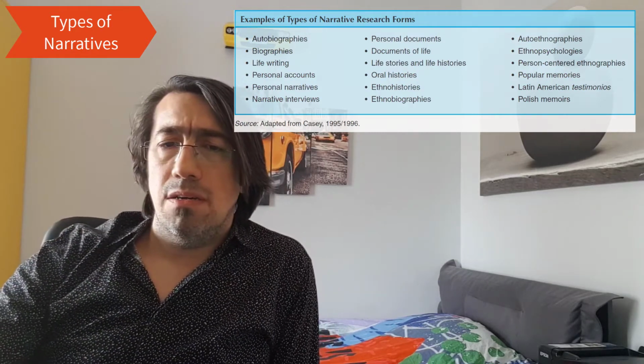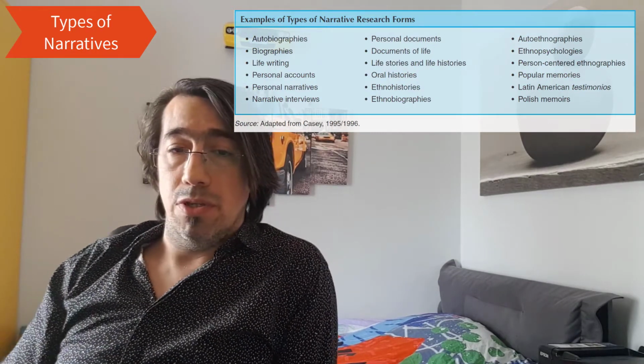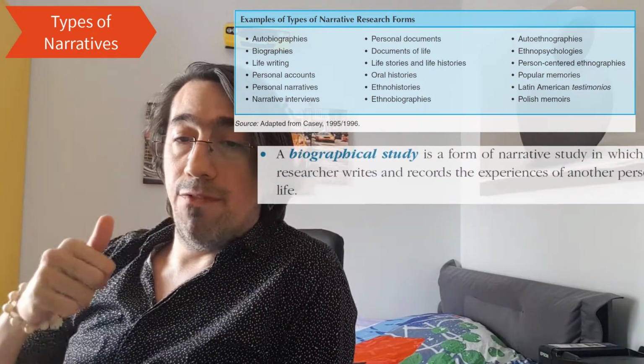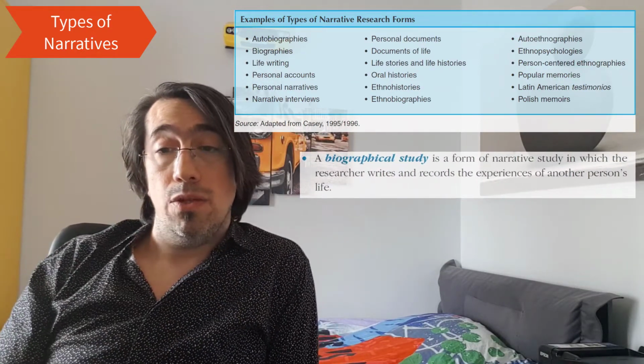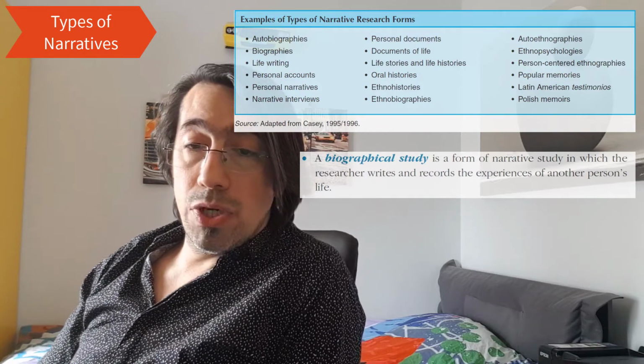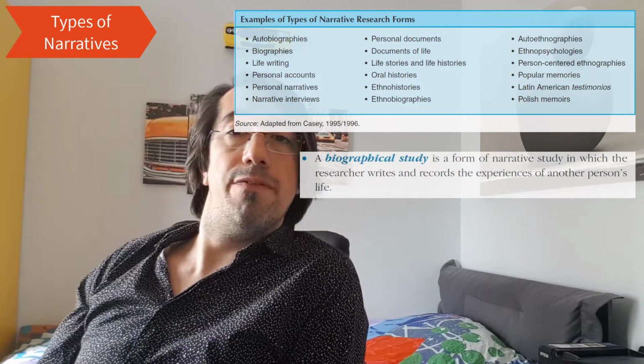And two of them, the explanation is: a biographical study is a form of narrative study in which the researcher writes and records the experiences of another person's life.